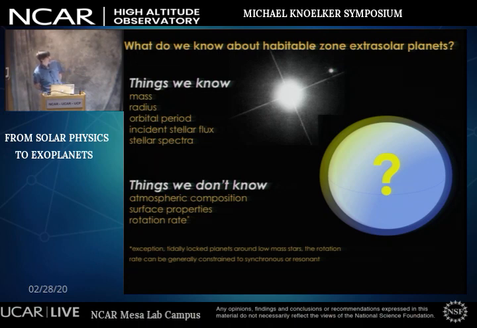The atmospheric composition, surface properties, rotation rate. There's an asterisk by rotation rate because for tidally locked planets around low mass stars, we have an inference of their rotation rate by assuming tidal locking, that they could be in either synchronous or resonant orbit. So that helps us illuminate one thing we don't know.